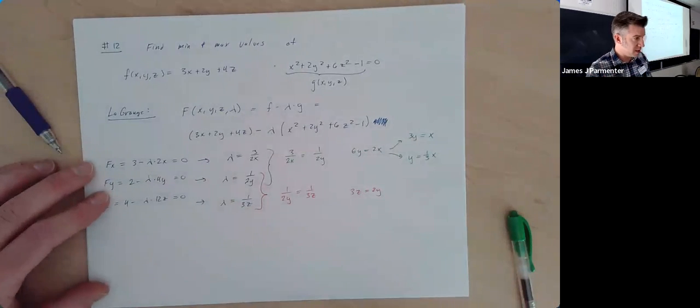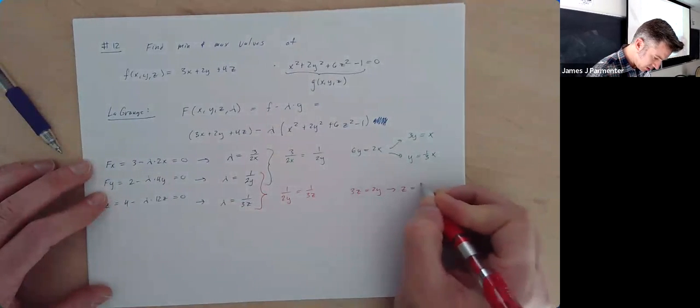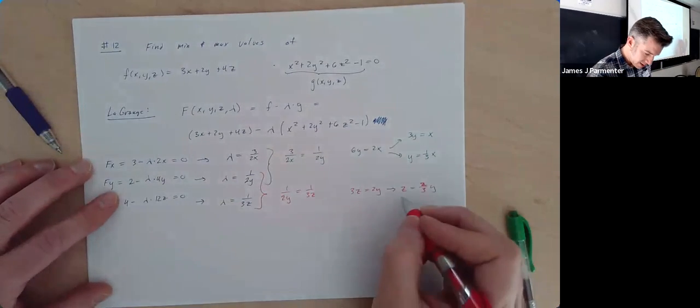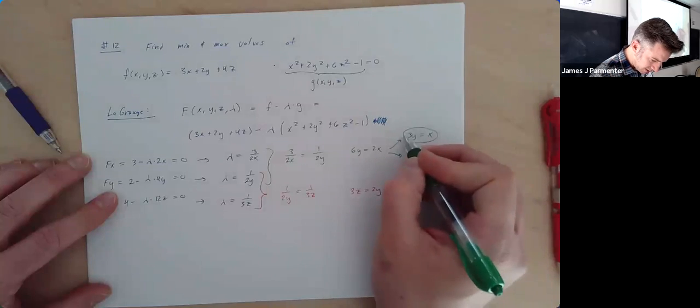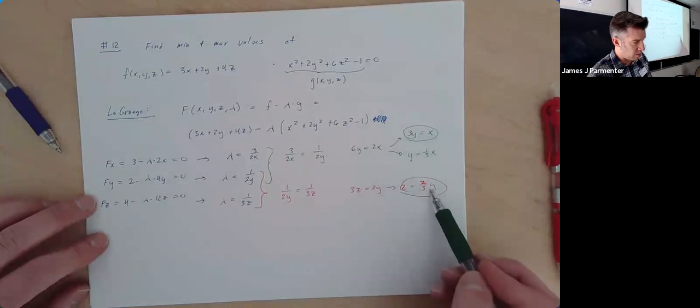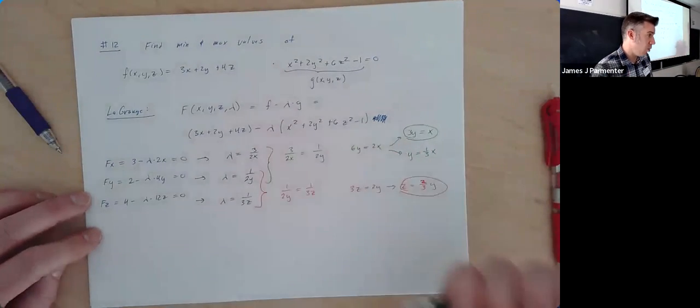And I said I wanted z in terms of y, so z equals 2/3 y. So now I've got z in terms of y and x in terms of y, and I can replace x with 3y and z with 2/3 y. Then this constraint equation will be just in terms of y.